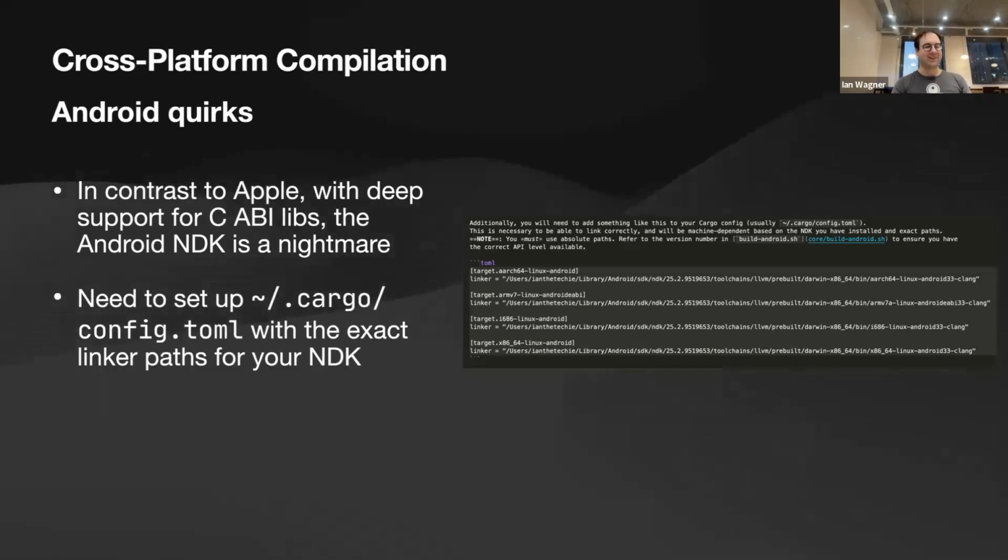But it's not that easy on Android, because Android is all Java based, and with Java you have NDK and JNI. NDK stands for Native Development Kit. JNI, I believe, is Java Native Interface, which makes things a little bit easier to work with nowadays, but still not easy. So you need to set some stuff in your local cargo config.toml with the exact linker paths for your specific native development kit.